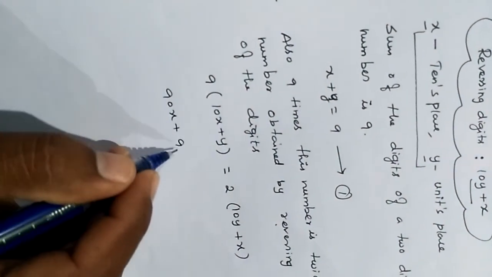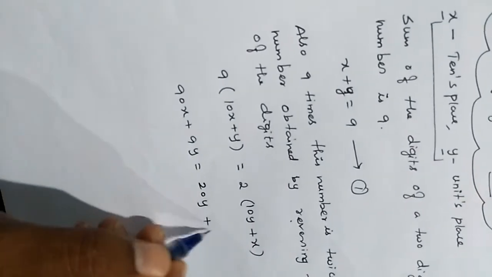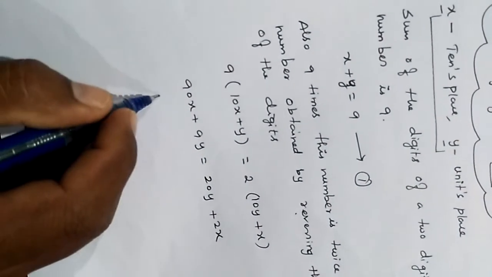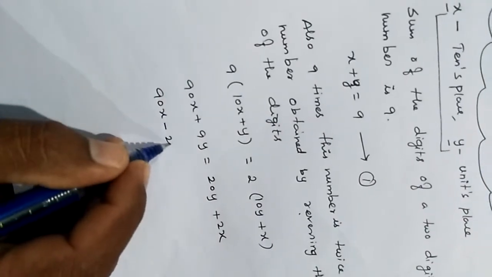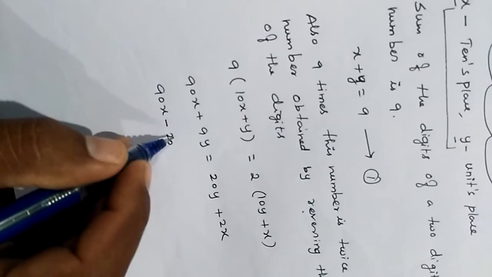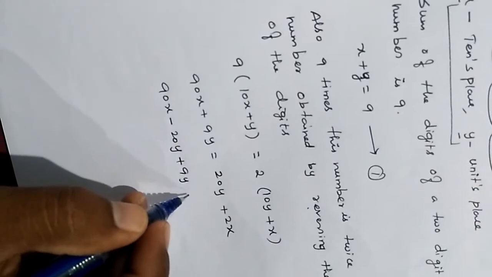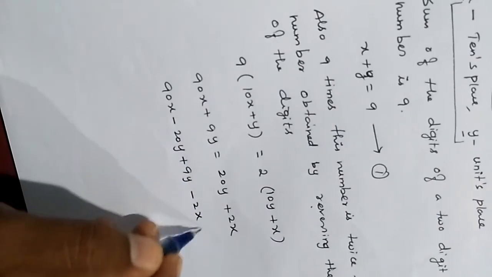90x plus 9y equal to 20y plus 2x. Take the opposite sides: 90x minus 2x, and 9y minus 20y, equal to 0.